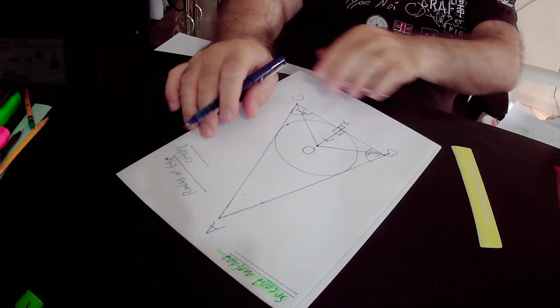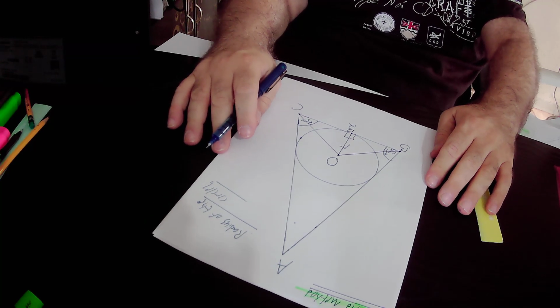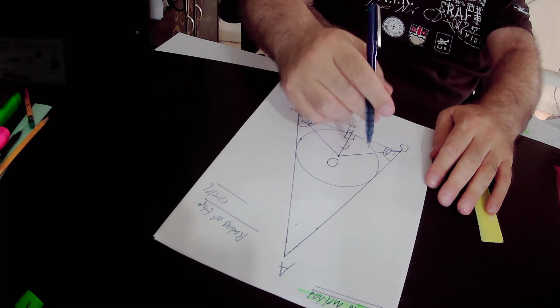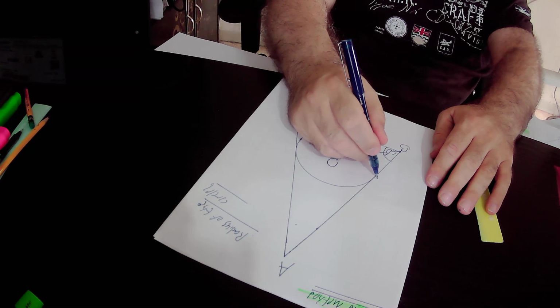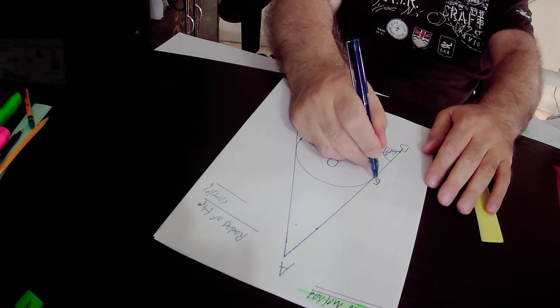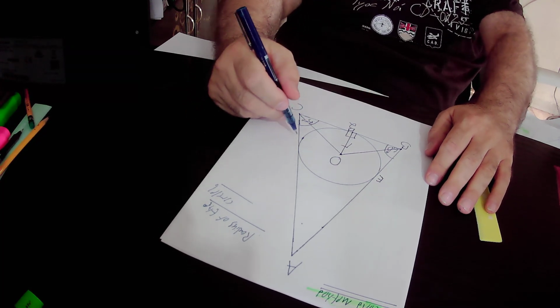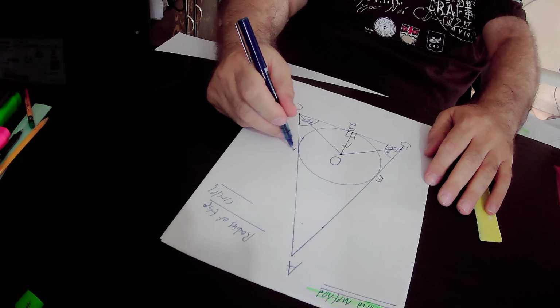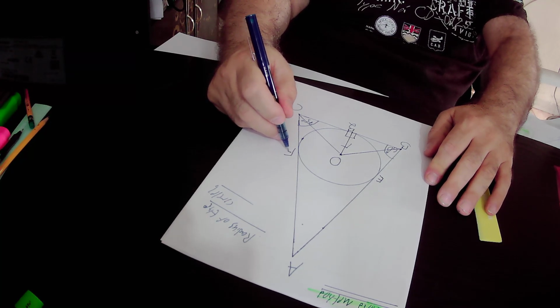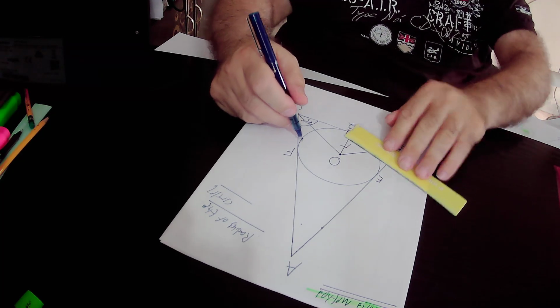We define the point of tangency of tangent AB with this circle as point E, and we define the point of tangency of tangent AC with this circle as point F. We join points E and O together by a straight line.